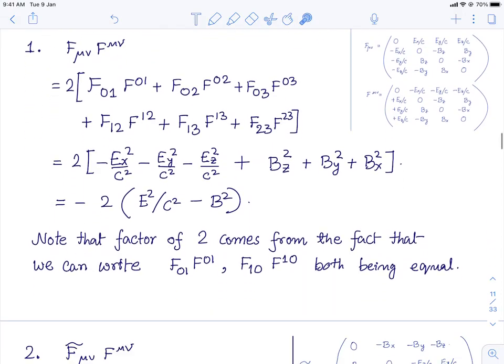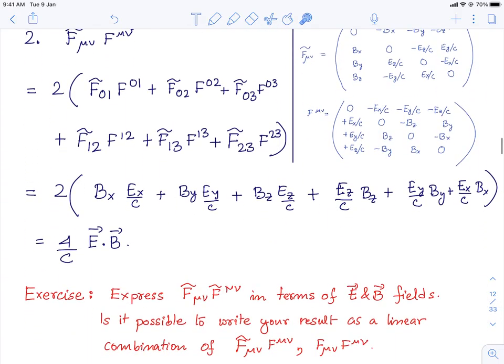I'm bringing up gauge transformation because we could write something with a mu hanging in there, and this is also invariant under Lorentz transformation. So this is a Lorentz invariant, but it is not gauge invariant.